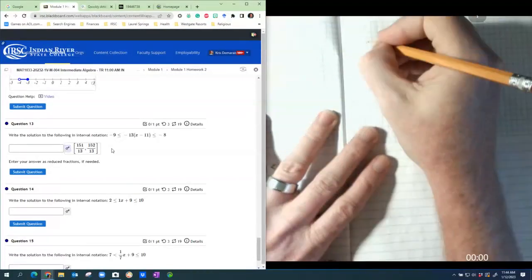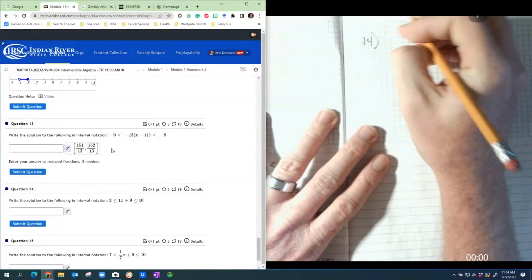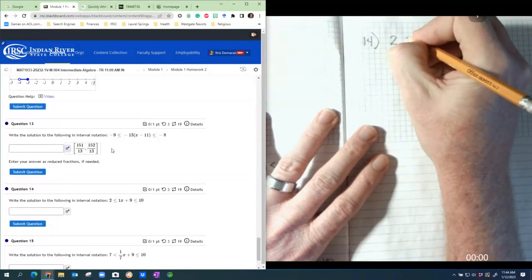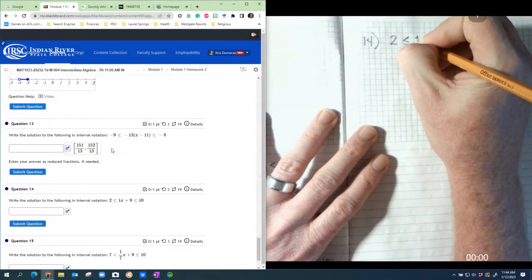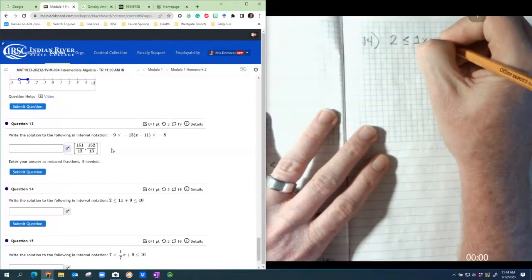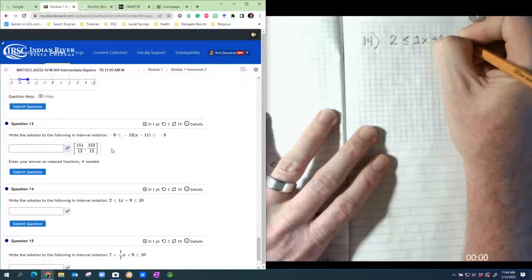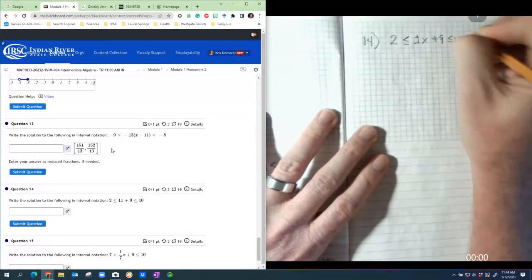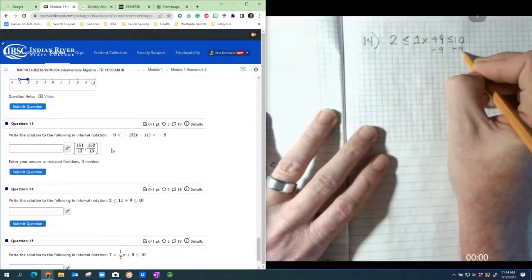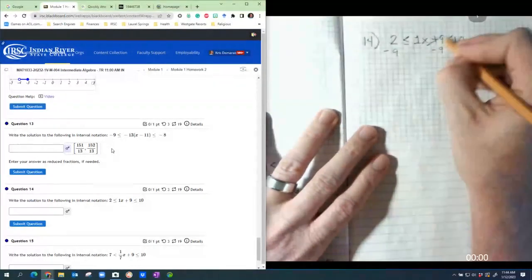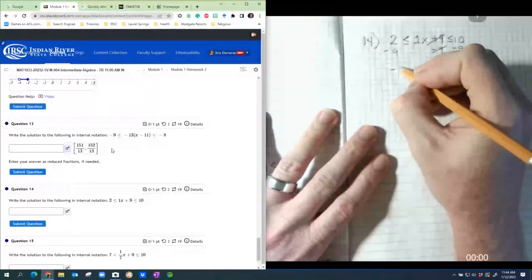Okay, now number 14. So we have 2 less than 1x. We don't really need to write the 1, but they just do. So you go ahead and subtract 9 from both sides, or all sides, the middle and everything.